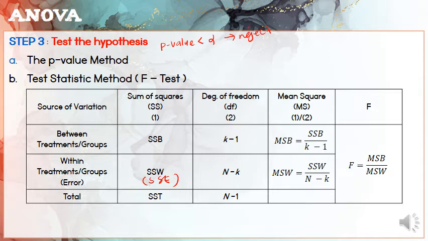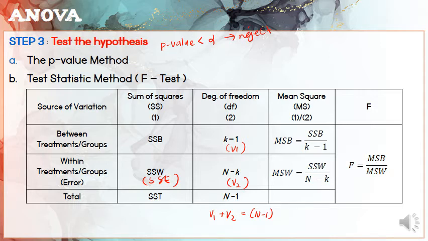The degree of freedom untuk between treatments adalah K-1, your V1. Within treatment adalah capital N minus K, which is your V2. Okay, V1 plus V2 should be equal to N minus 1.